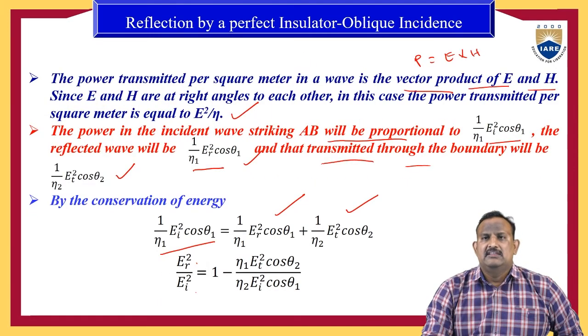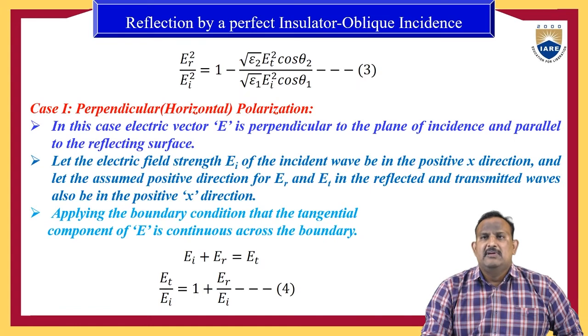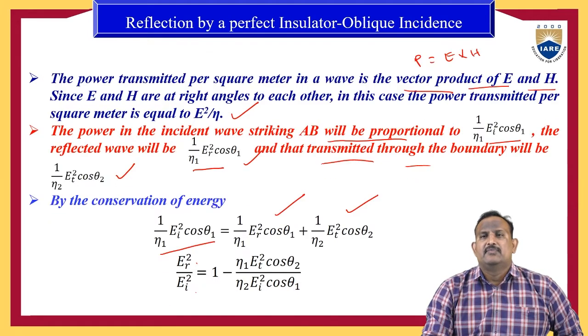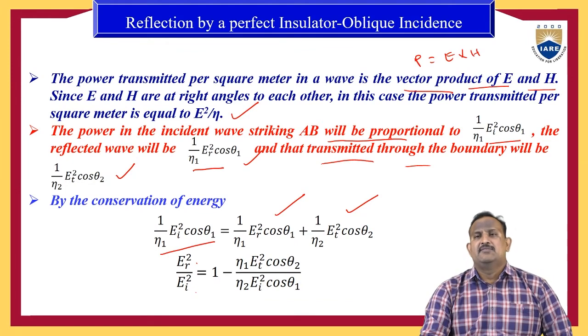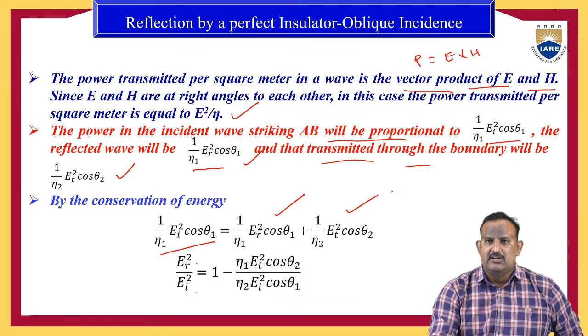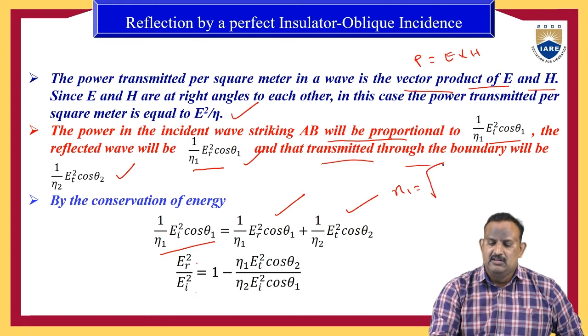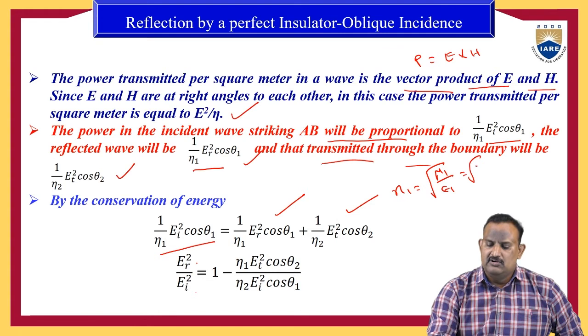Therefore, we can write the expression as ER square by EI square equal to 1 minus root, and in place of eta 1 I am writing root of mu v by epsilon 1.